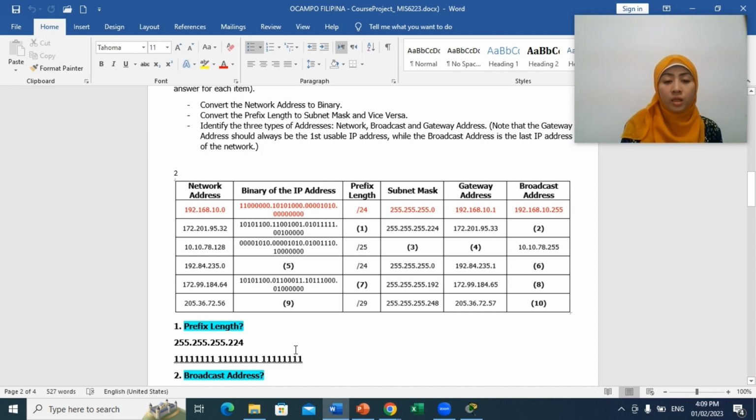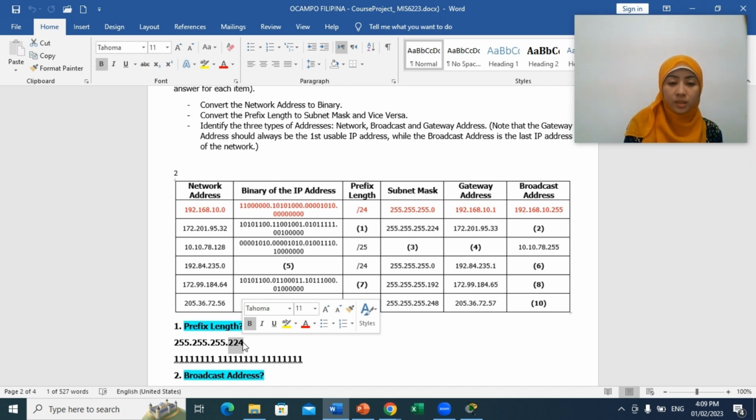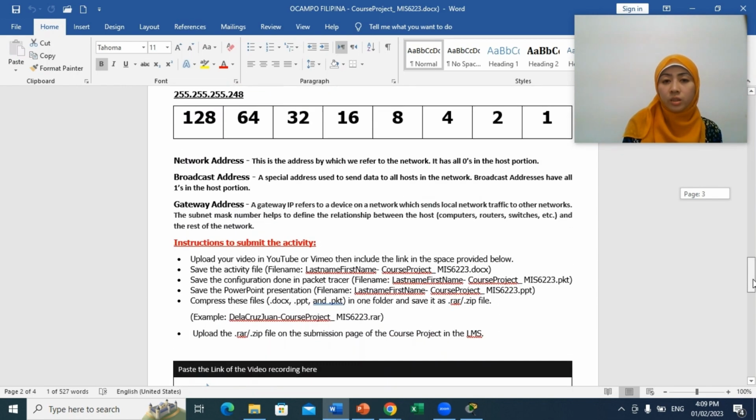So what we need is to calculate this 224. How will we do that? For this, we need to convert it to binary format. To do that, I have a table here, which is this one.